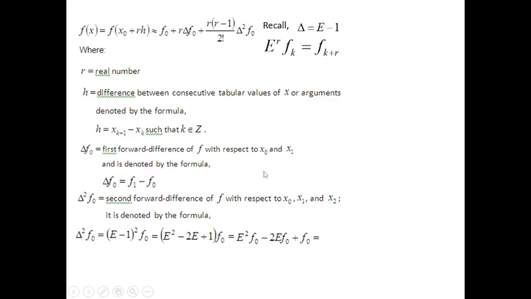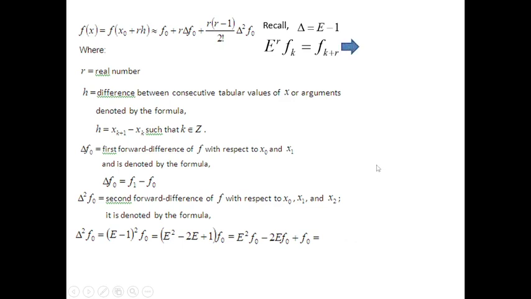So if that's the case, E squared f sub 0 now will become what? So 0 plus 2. It becomes now f sub 2. How about E f sub 0? So E to the first power. So that is 0 plus 1. So it becomes f sub 1.